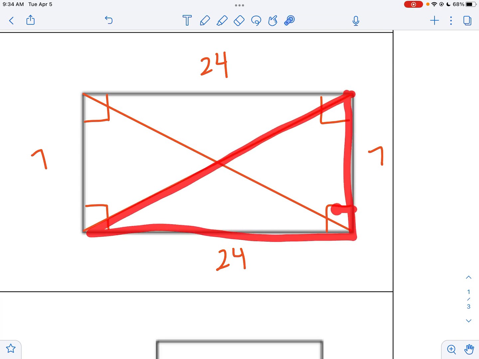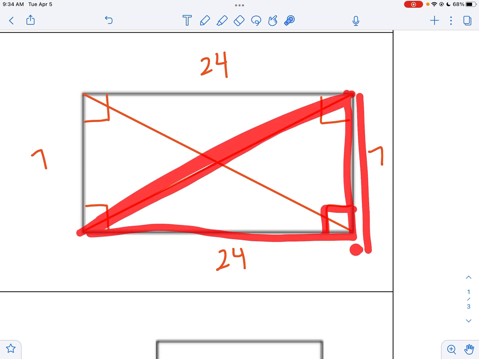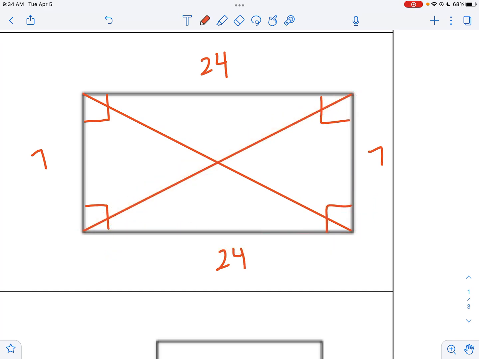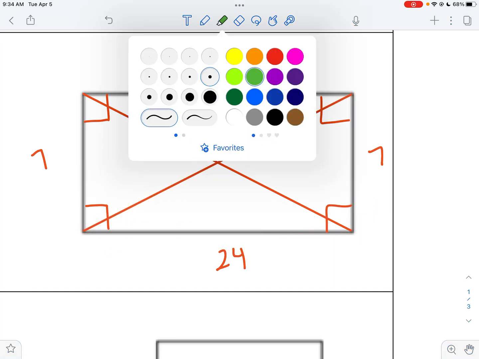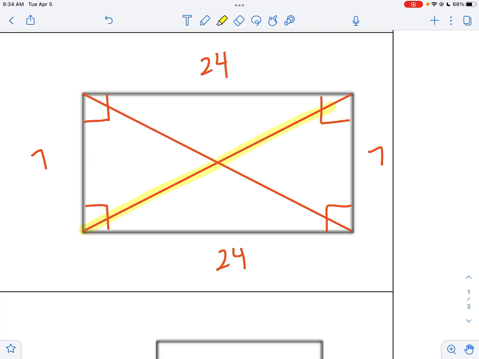So I could do Pythagorean theorem and figure out that hypotenuse. So if I know this is 7 and that's 24, well, remember that we have those triples. So it's 3, 4, 5, 5, 12, 13, 8, 15, 17, 7, 24, 25. That's going to make this whole diagonal, this hypotenuse, 25.